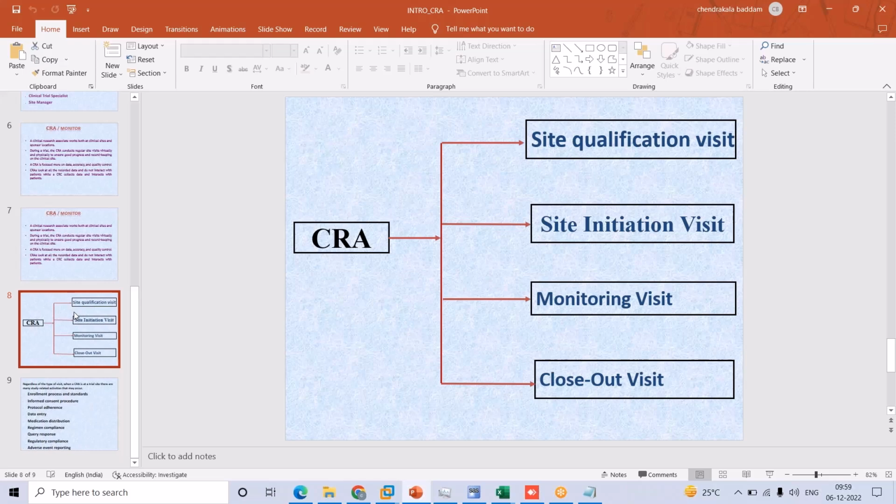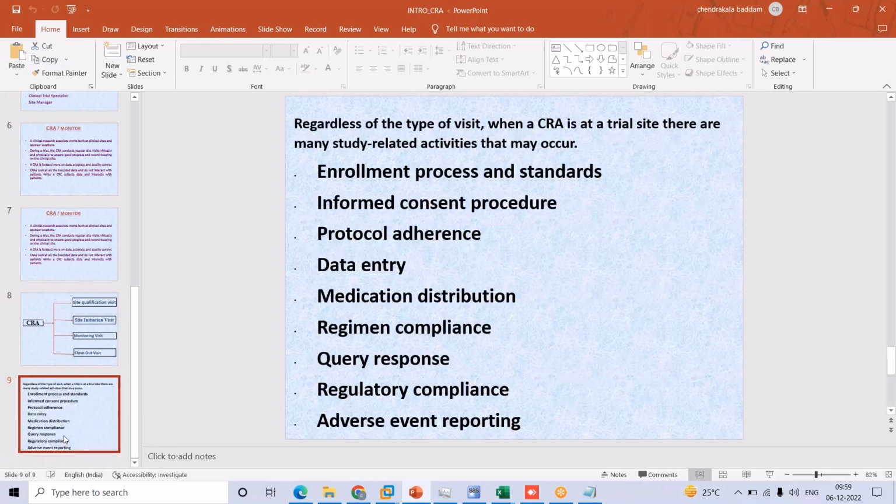Monitoring visit: during the ongoing clinical trial, they visit the site and check the details at defined intervals. Regardless of those visits, the CRA will verify all these.